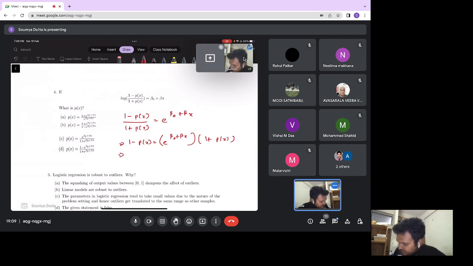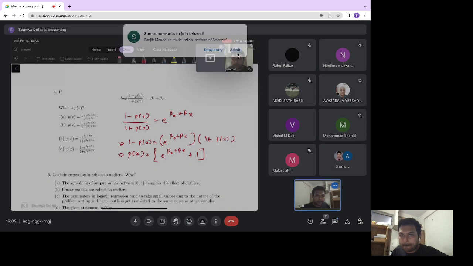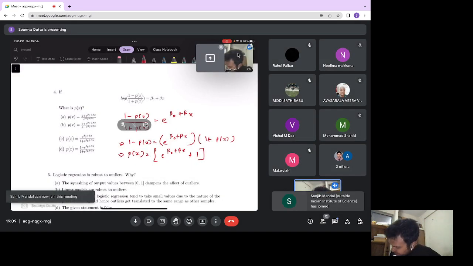If you take p of x common, and accumulate terms corresponding to p of x, then it would be p of x times e to the power of beta 0 plus beta x, and apart from that there will be a plus 1.